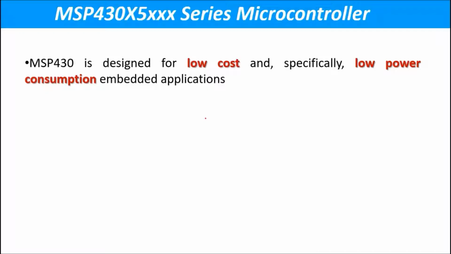So that means we need low power consumption of the processor, because the processor is the main device in an embedded application. So it is very important for the processor to consume less power. It is also designed for low cost.